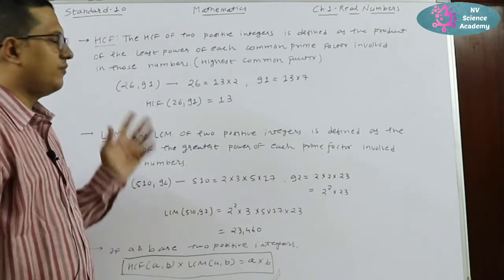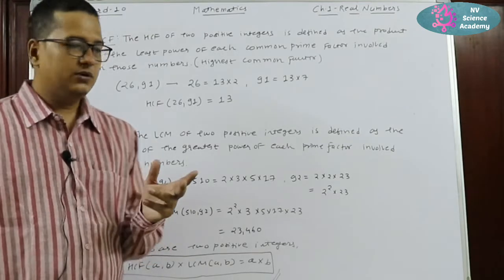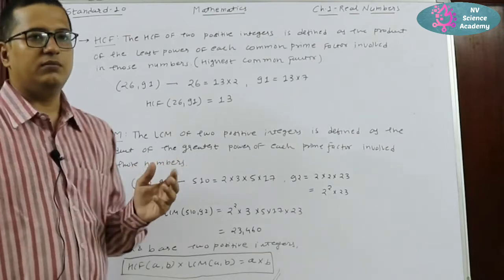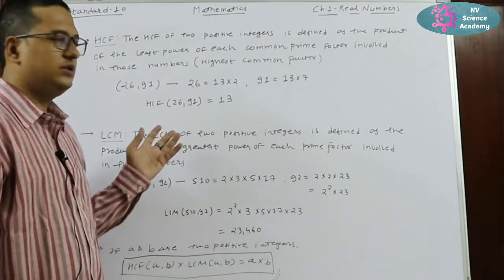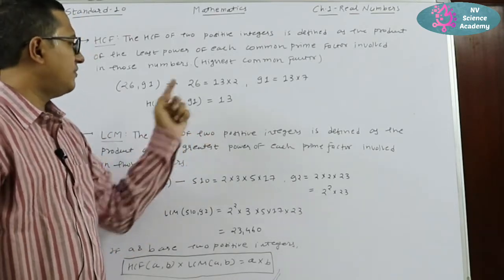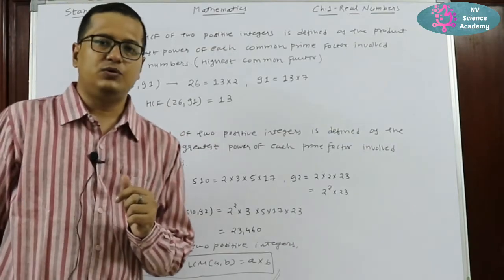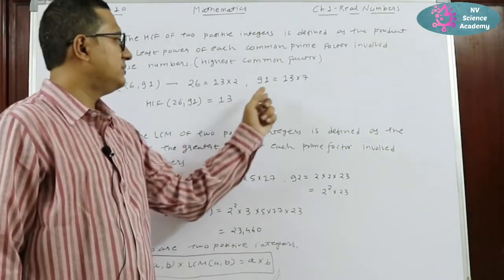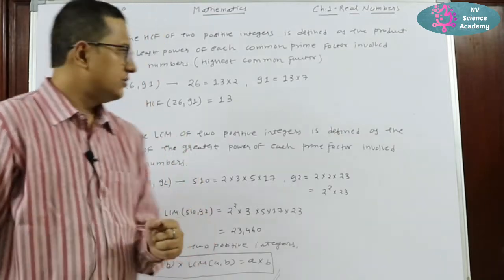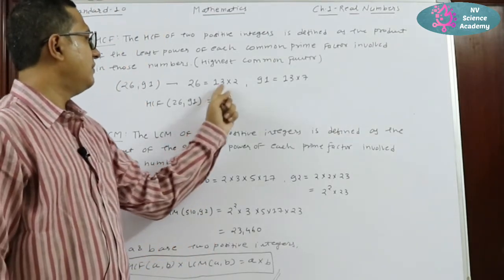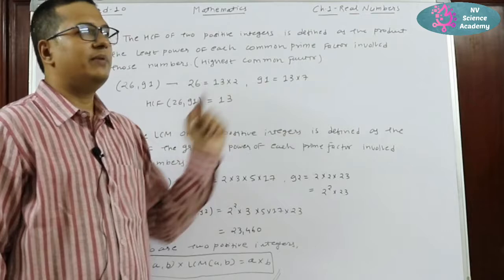How are we going to find the HCF? For that we have to write the prime factors of the given numbers. The prime factorization of 26 is 13 multiplied by 2 and of 91 is 13 multiplied by 7.